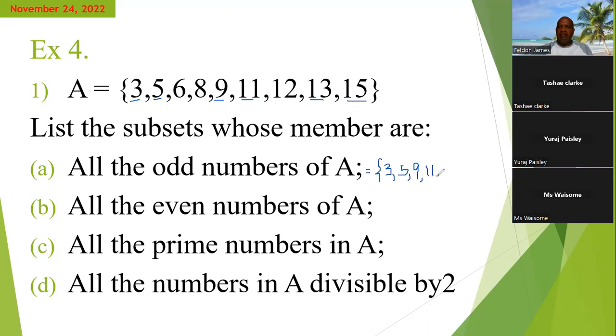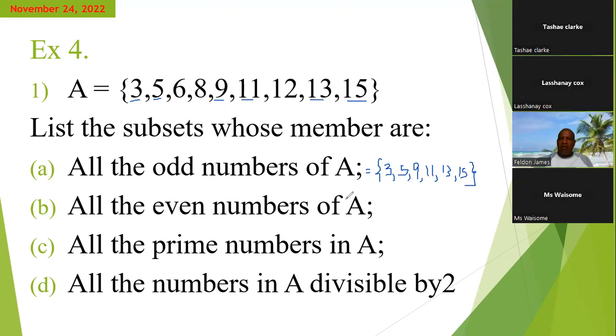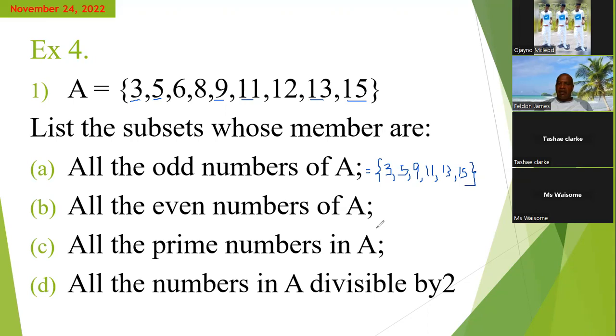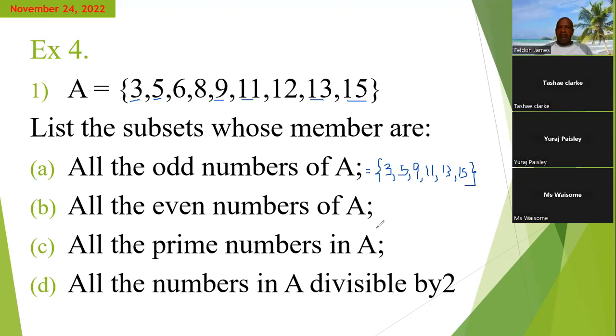So any number that you divide by 2 and you get a remainder of 1, those are odd numbers. All right, guys, everybody clear with that? Raise your hand. All right, so that's it. That's the definition of an odd number. Any number that you divide by 2 and get a remainder 1, it is an odd number.